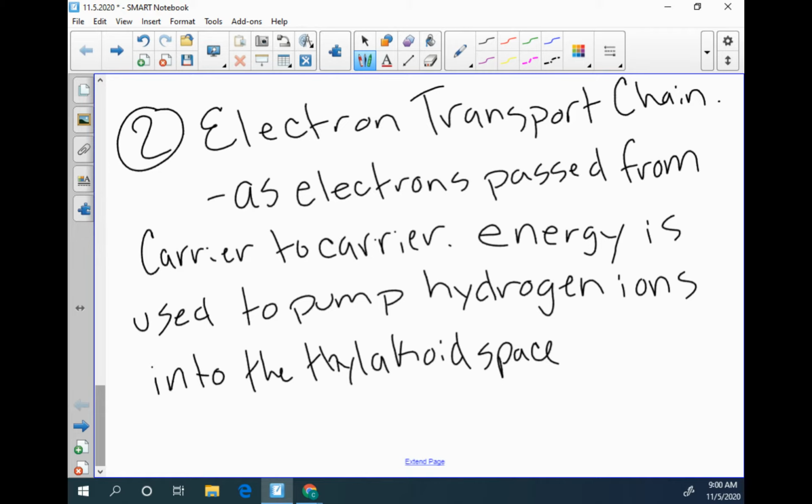And when light, the lightning bolt light, hits photosystem 2, it will send electrons to the electron transport chain.